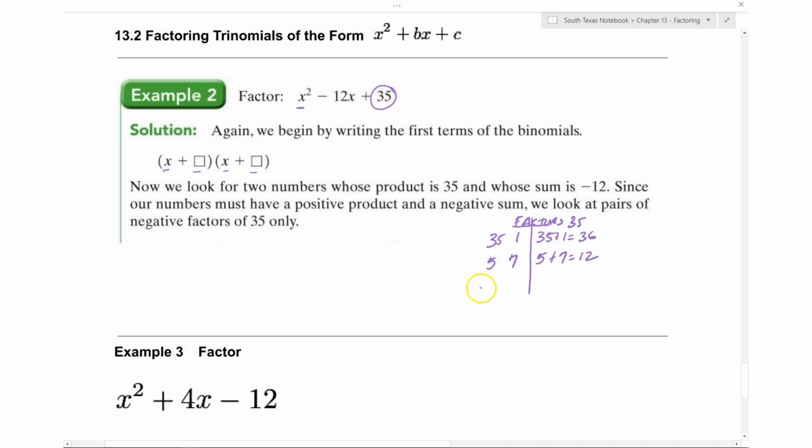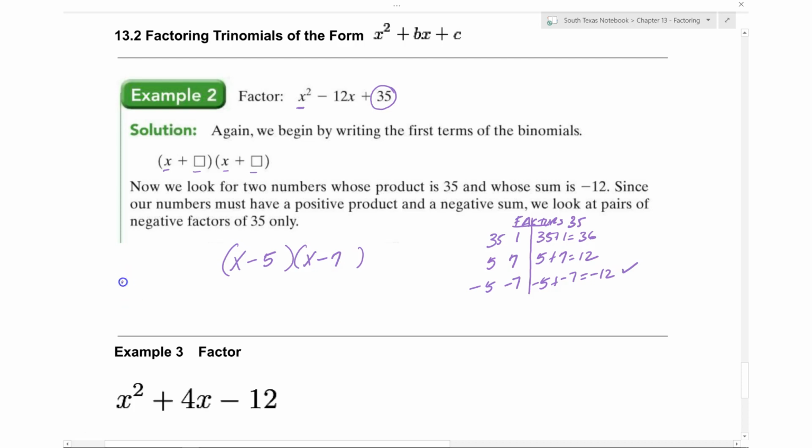We do notice that negative 5 times negative 7 gives you positive 35, so negative 5 plus negative 7 gives you negative 12. Therefore, the two factors we're going to use are negative 5 and negative 7. So we're going to write our two binomials, and we have x minus 5 times x minus 7.